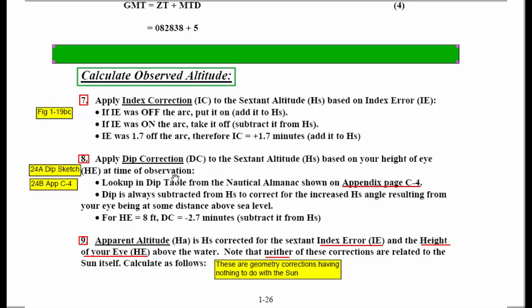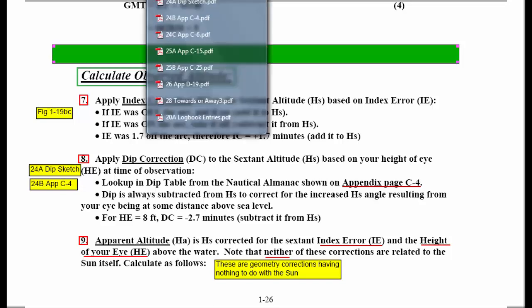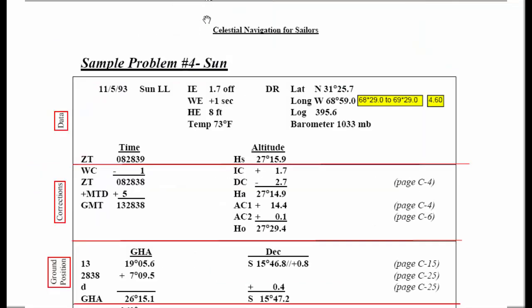Okay, so let's first go to index correction, and looking at the calculation here, we see that this says index correction plus 1.7. Well, we get the index correction from the index error. The index error was 1.7 minutes off the arc, and therefore we add it back in. We make it plus 1.7.